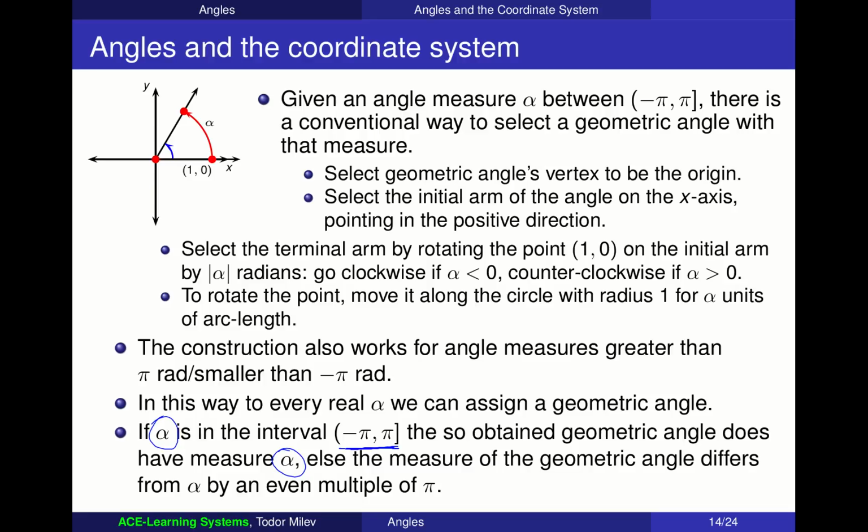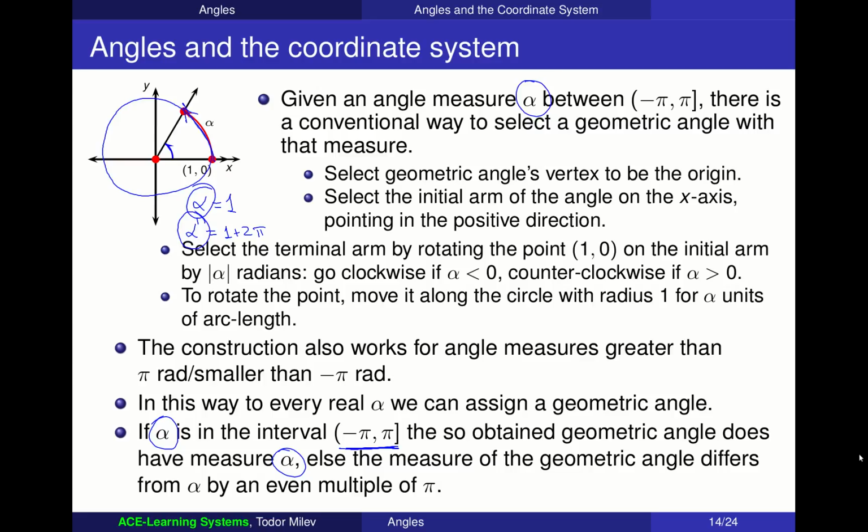So if alpha was in the beginning 1 radian, and then I started with another alpha prime, which is 1 radian plus 2 pi, I would get again the same point, so I would get the same geometric angle. But the two numbers from which I started would be different.